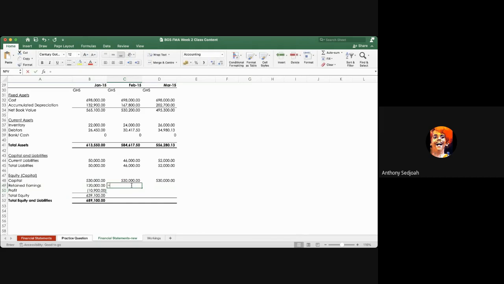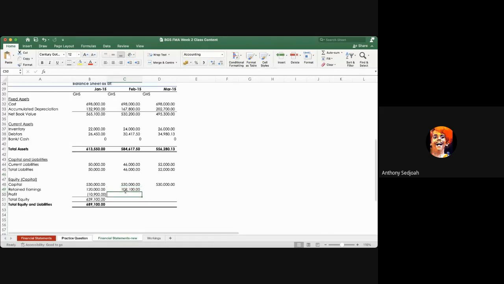Okay. So it means that the retained earnings for February is going to be the retained earnings in January plus whatever profit or loss was made in that same month of January. Because it's a loss, it's going to be a subtraction. And because my profit is already negative, that's why I'm using the addition sign over here. If I use minus, it's going to add up. Okay.